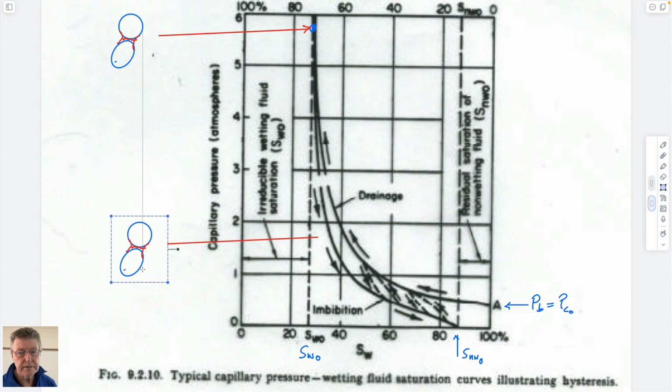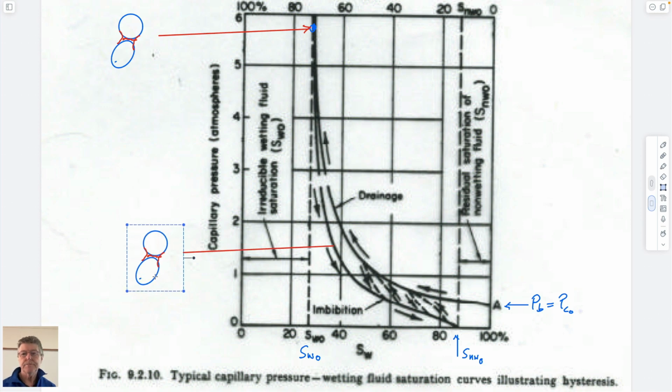And this would look like something like this. This would be much more water, and by definition, these are two grains. Of course, there's grains next to it. If the water is filling up the pore space, then there's no room for the wetting fluid. And so as it comes down, it would start filling up with water.